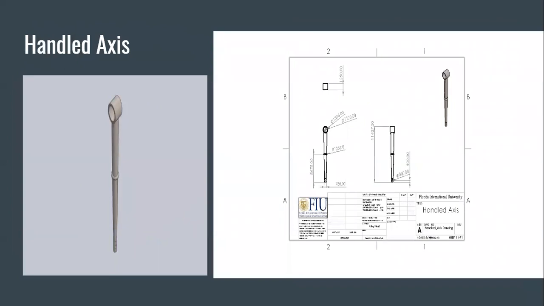The next important feature we have is the handled axis. This is important because it connects where the riders go to the support structure.